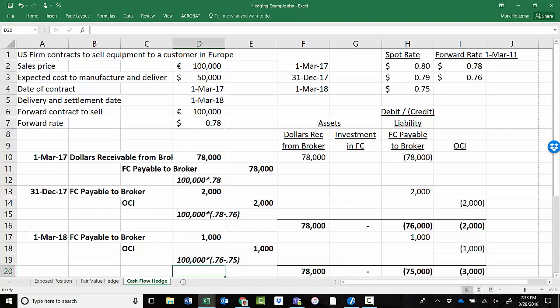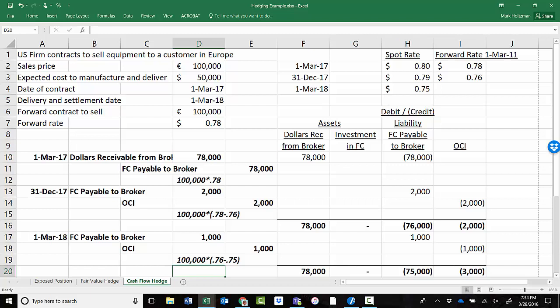In the fair value hedge, I was worried about the value of the liability fluctuating, and I was worried about the mark-to-market adjustments hitting my income statement. In this case, I'm worried about the cash flow. I'm worried that I'm not going to get $78,000 when I sell the goods.